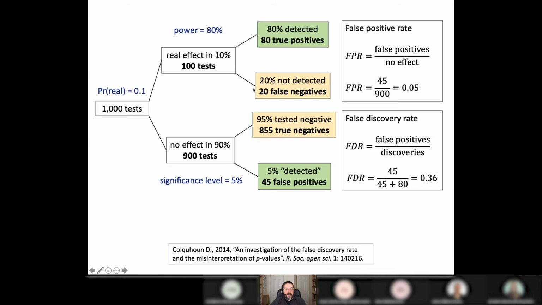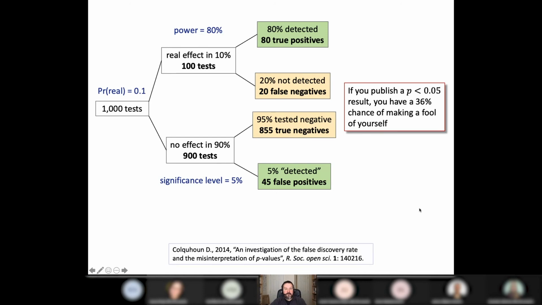It's just easier to explain with actual numbers, but you can have only one test where the probability of the effect being real is 10%, and you will come to the same conclusion that in one test, the false discovery rate can be 36%. So if you publish a p-value less than 5% result, you have a 36% chance of making a fool of yourself.